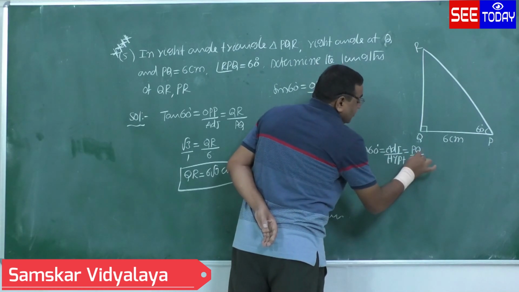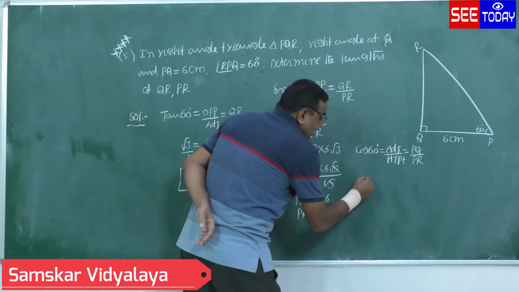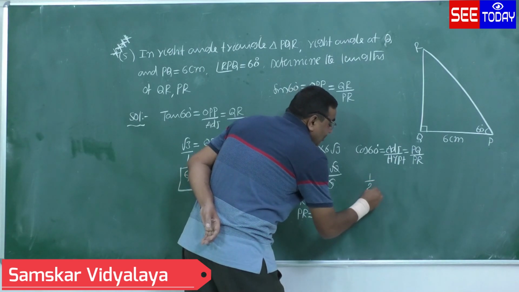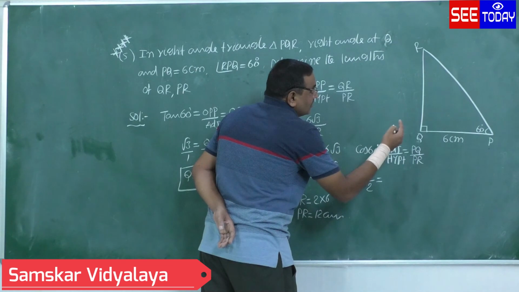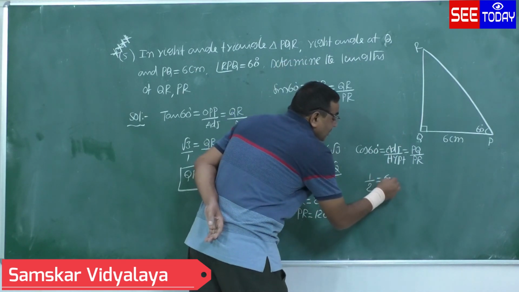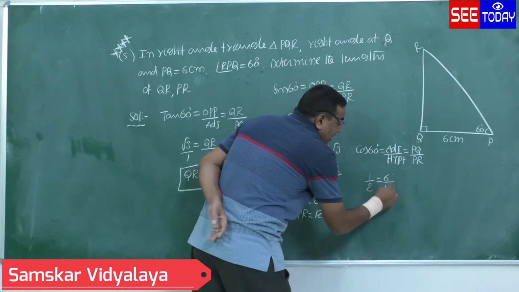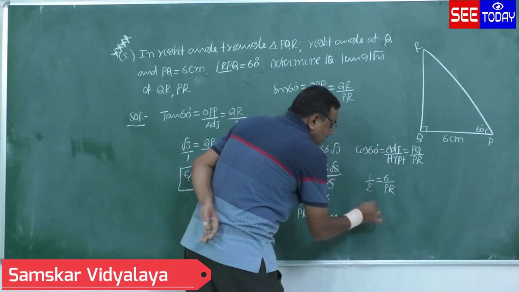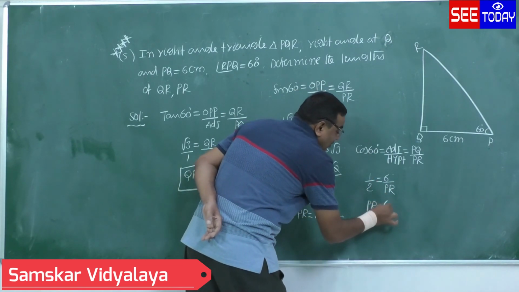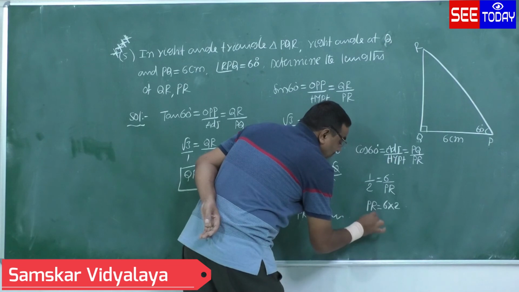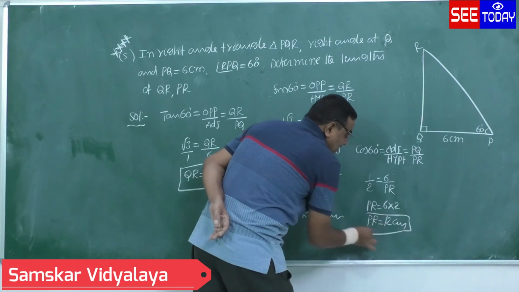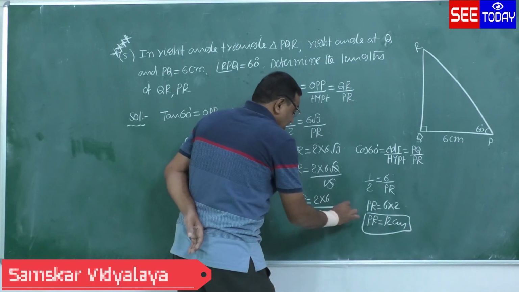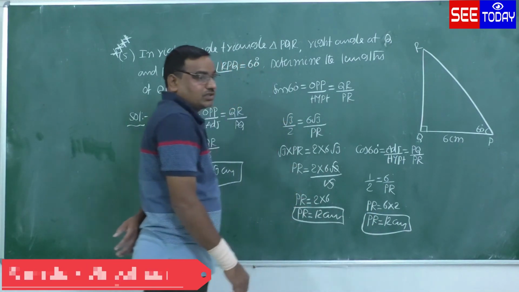Hypotenuse is PR. Cos 60 is equal to 1 by 2, so 1 by 2 is equal to PQ, 6 centimeters, by PR. Cross multiplication. PR is equal to 6 into 2. PR is equal to 12 centimeters. Both give the same values, either using sin or cos as you wish.